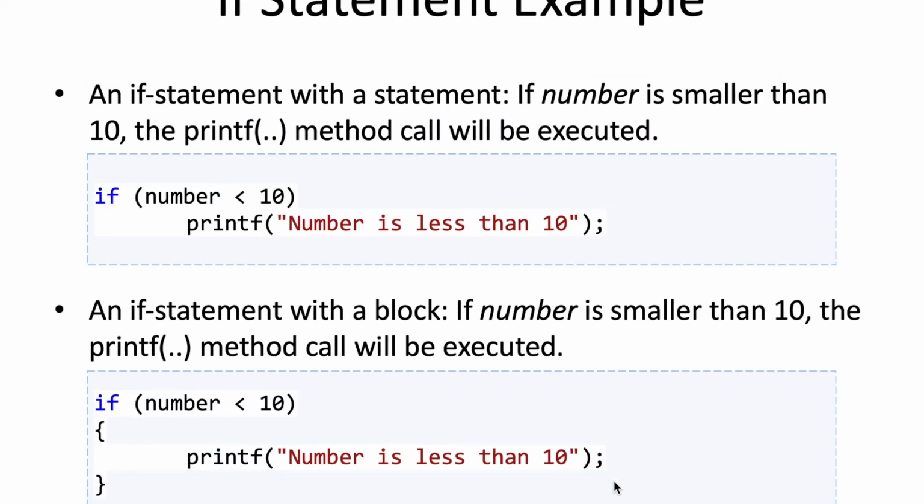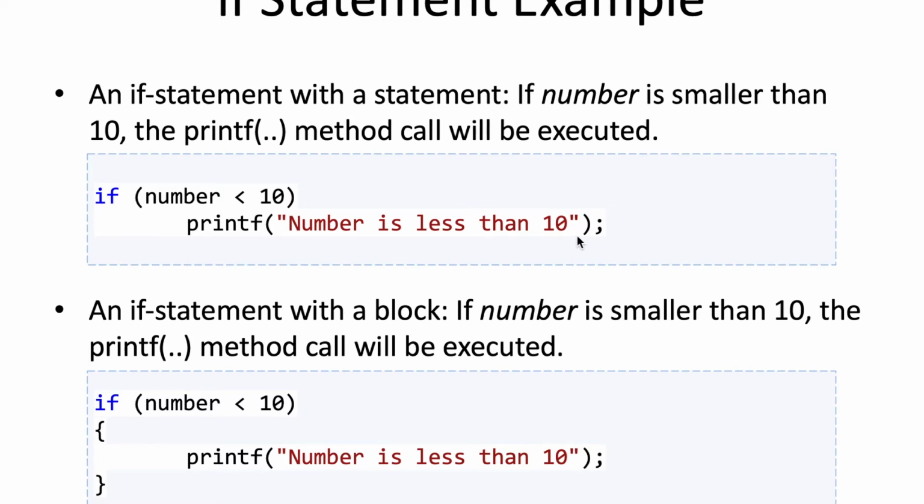So this is an example of an if statement. Let's take a look at the first example in the box. If, parenthesis, number less than 10, close parenthesis, followed by a single statement which is a printf: number is less than 10.